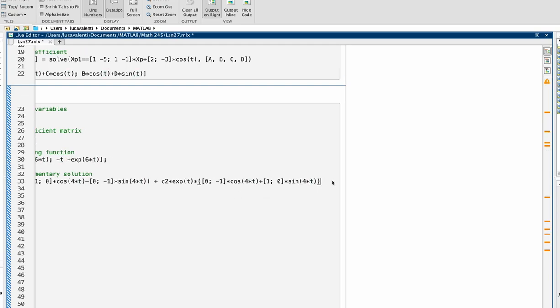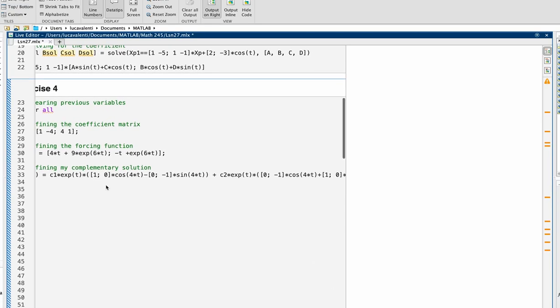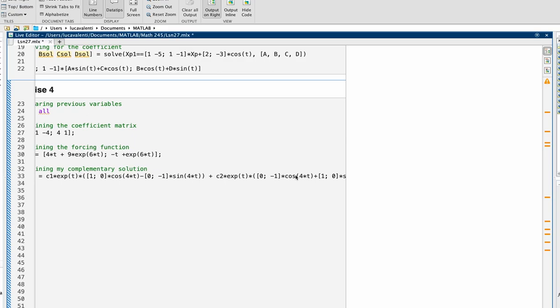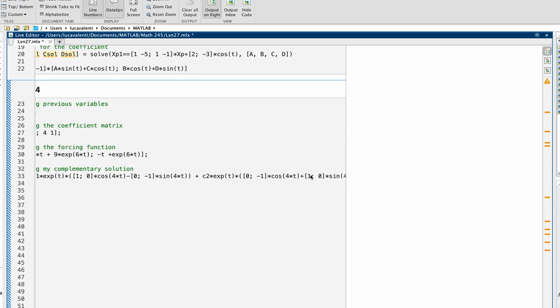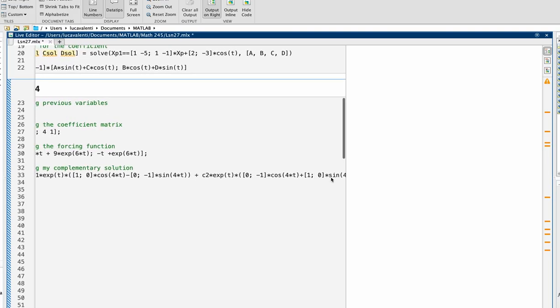So let's just check that we wrote it all correctly. Now, c1, that reminds me that I need to declare that variable. Exponent, so e to the t, 1, 0 cosine of 4t minus 0, -1 sine of 4t plus c2 e to the t and 0, -1 cosine of 4t plus 1, 0 sine of 4t.